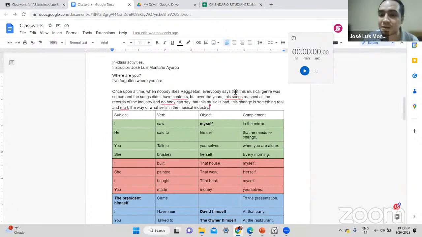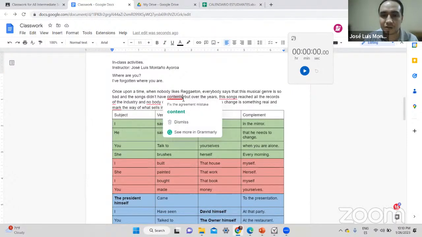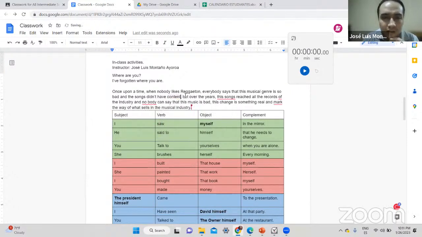So here this is present, so it's a good idea that perhaps you can still use present over here. So everybody says that this musical genre is so bad and the songs didn't have content. Here, instead of contents, because contents is going to be something more concrete, you're going to use content in general, like abstract. All right, so it's going to be just content over here. So, and the songs didn't have. So here we are going to use one more comma over here.